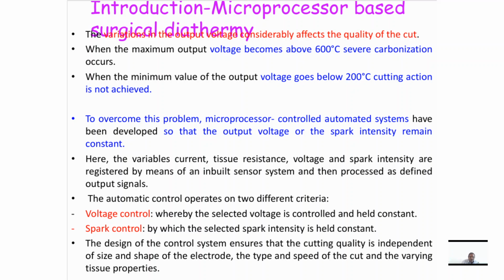The automatic control operates on two different criteria: one is voltage control, and the other is spark control. Voltage control means adjusting the voltage; spark control means controlling the intensity of the spark. In voltage control, the selected voltage is controlled and held constant.